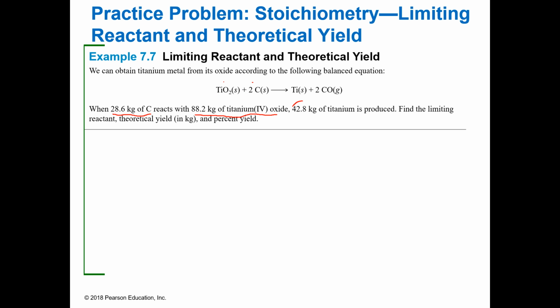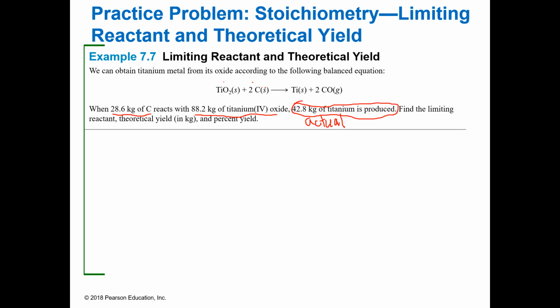It tells me that 42 kilograms of titanium is produced. So that reaction is yielding this much titanium. This is our actual yield of titanium. It's telling us how much actually was produced. All right, I want to find the limiting reactant, the theoretical yield, and then the percent yield.